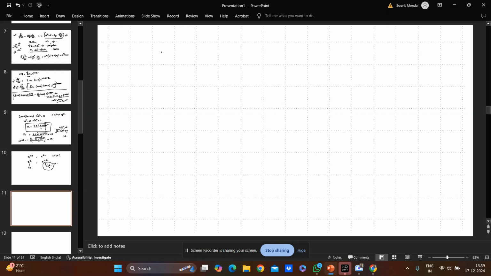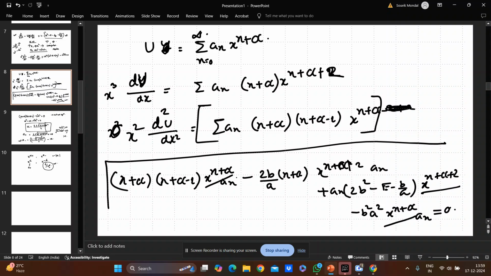Now finally they're asking for the recursion relation. So just make this n plus 2 here, n plus 2 here, n plus 2 here, and you will be done.